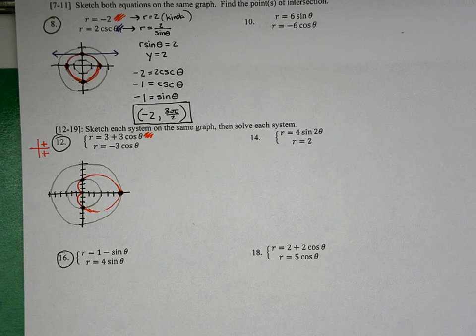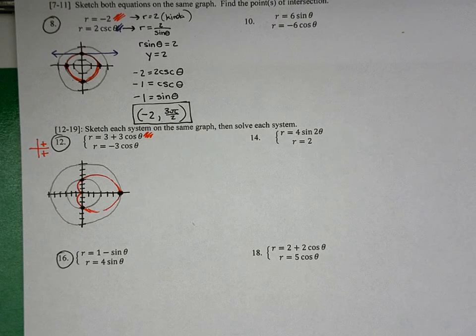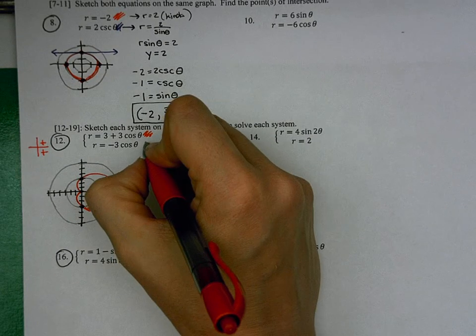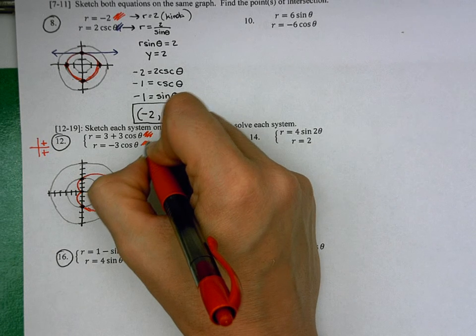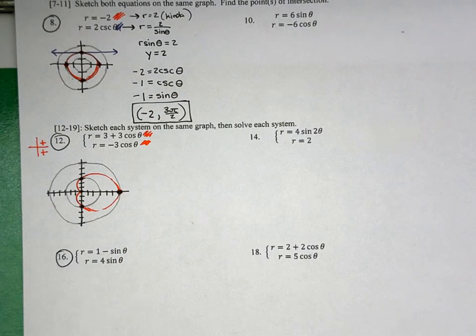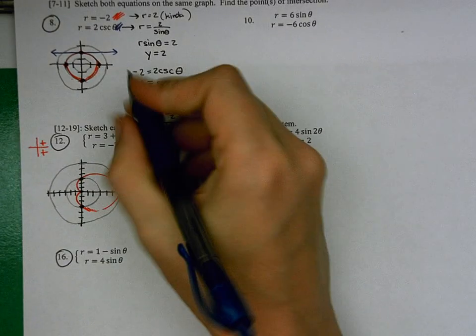Okay? And then we have our r equals -3 cosine theta. Let me do this one in blue.